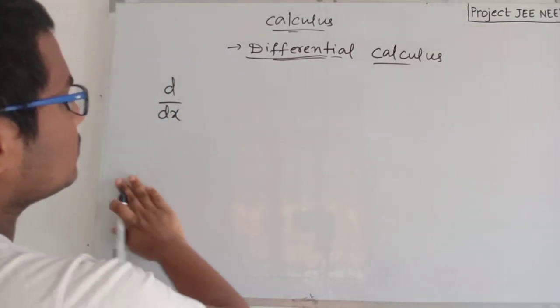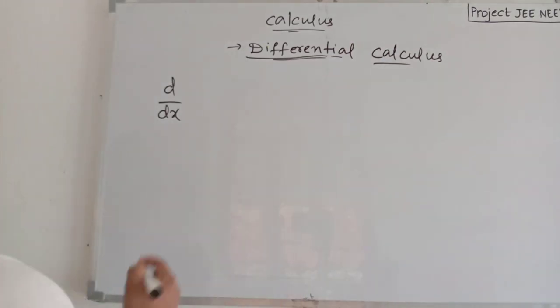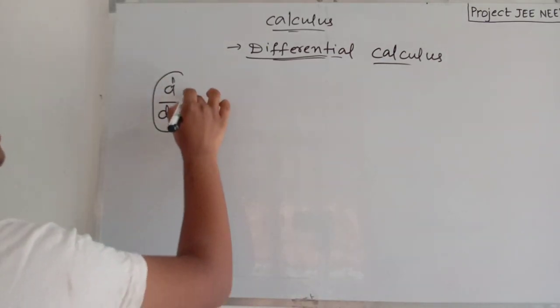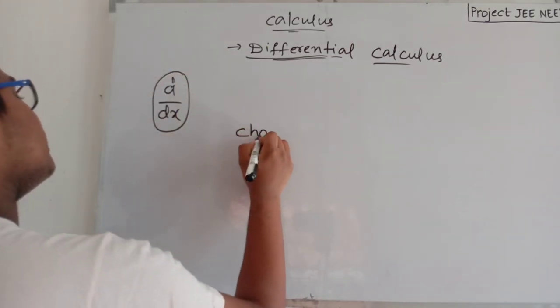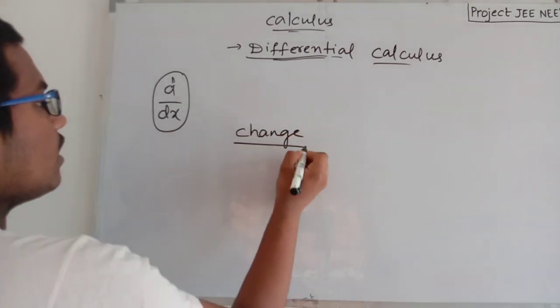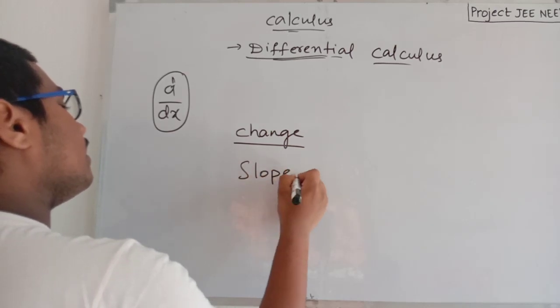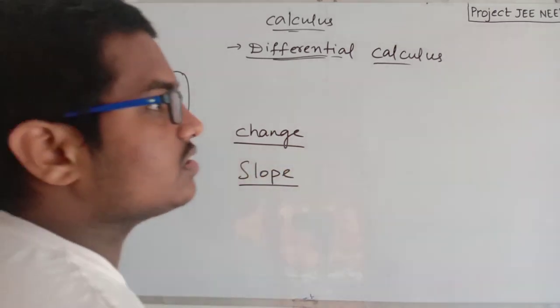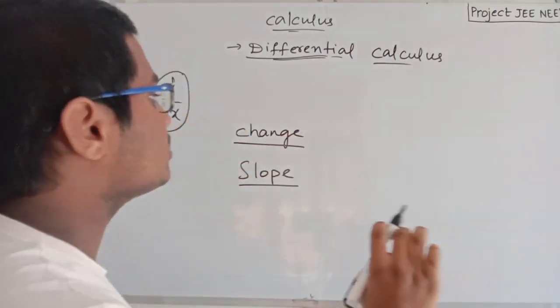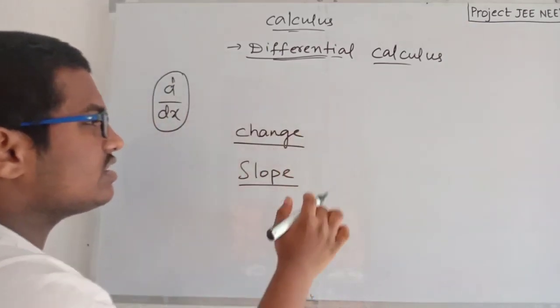d by dx represents the change or slope of a function. So actually it denotes the behavior of a function.